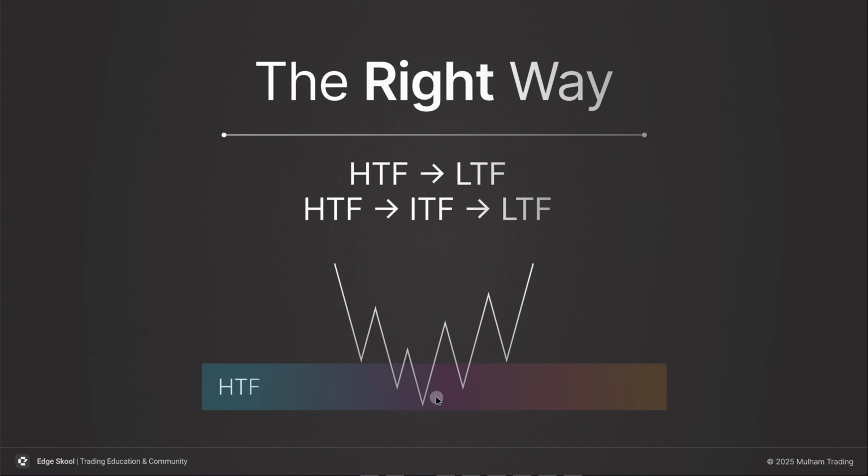Whenever we have that alignment, it could be here, it could be here, based on your trading strategy, it could be here. At that moment, we're going to be looking for longs, because now we have the alignment between the higher time frame, which is going up initially, and then the lower time frame is going up too. So now we have the alignment and we can pull the trigger and execute.